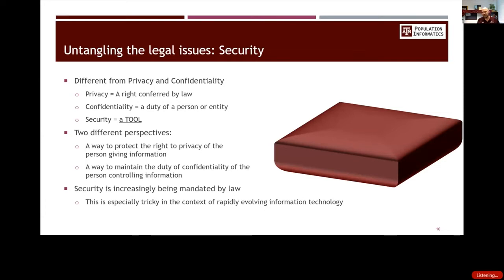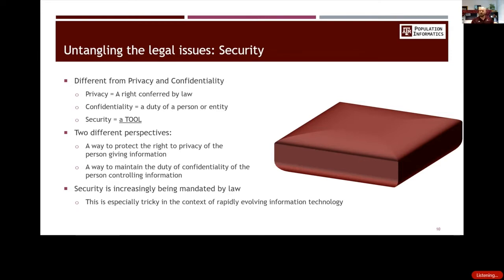So there are two different perspectives that we can use to think about security. We can think about it as a way to protect an individual's right to the privacy of that information, or we could talk about it as a way to maintain or support someone's duty of confidentiality to protect that information. Now, what's becoming increasingly tricky is that security is being mandated by law.